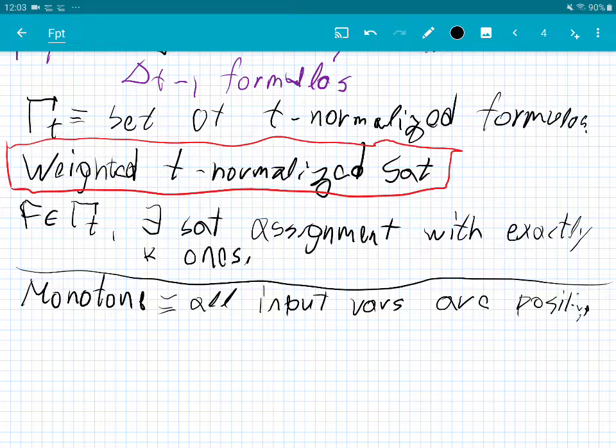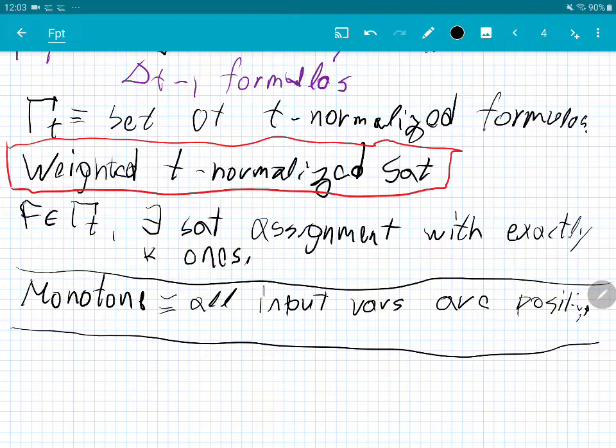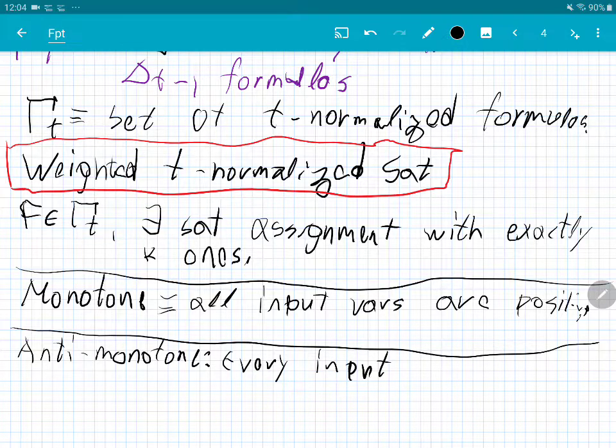And then you can ask, is there a satisfying assignment with k 1s? It's monotone SAT, of course it's NP-hard and so on. And there is of course also the version of anti-monotone, where every input variable is negated.